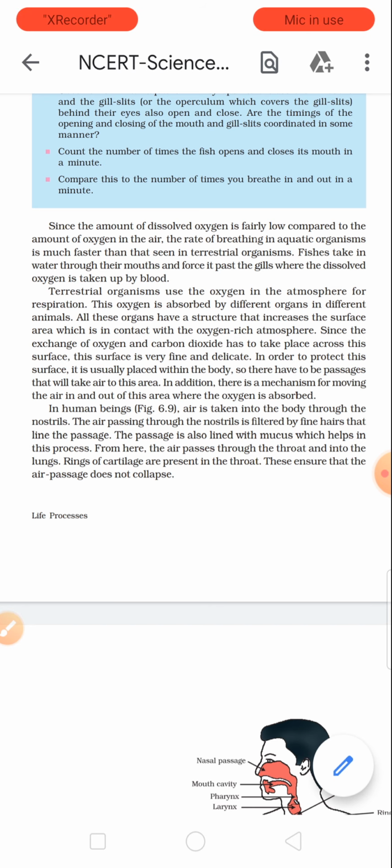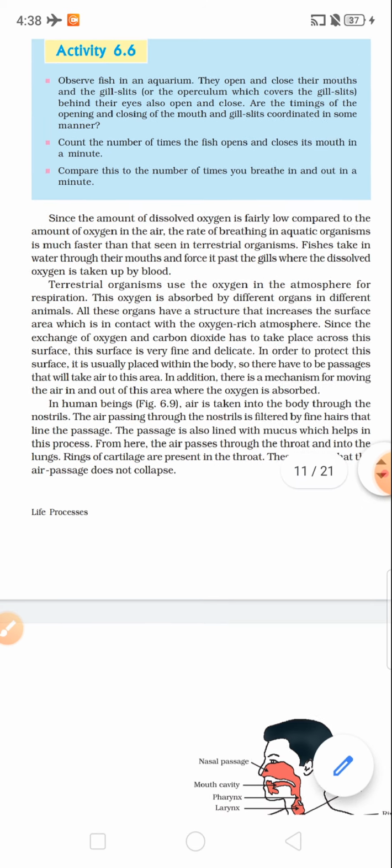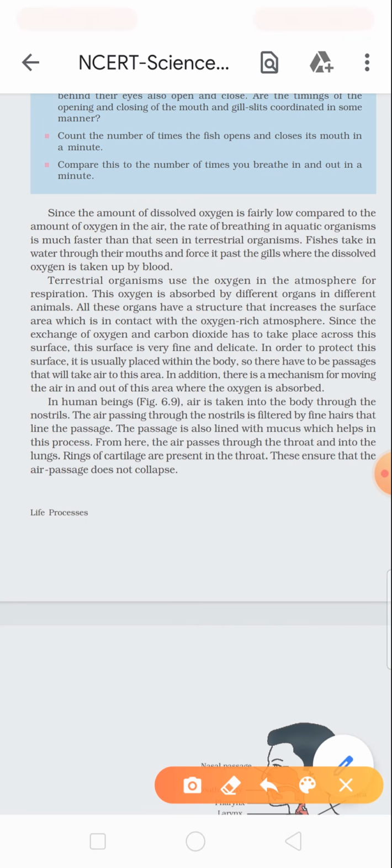Fish take in water through their mouth and force it to pass over the gills, where the dissolved oxygen is taken by the blood. So fishes have gills, and the gills take in the oxygen dissolved in water. That's why it is called dissolved oxygen, because the oxygen gets mixed inside the water.